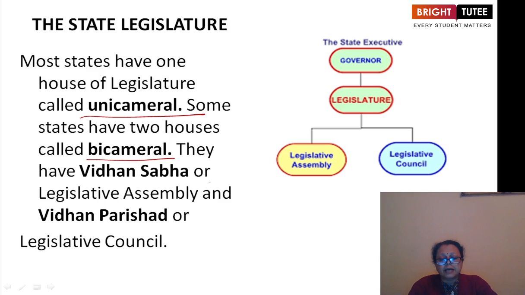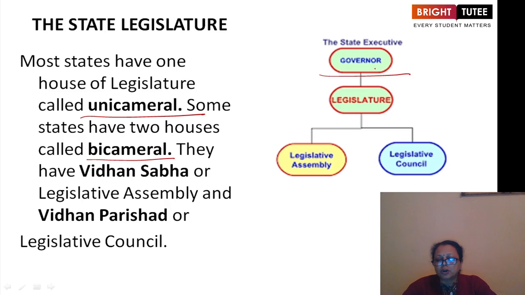They have Vidhan Sabha or Legislative Assembly and Vidhan Parishad or Legislative Council. This is explained here in both Hindi and English. This flow chart also says that the governor is at the head of the executive.